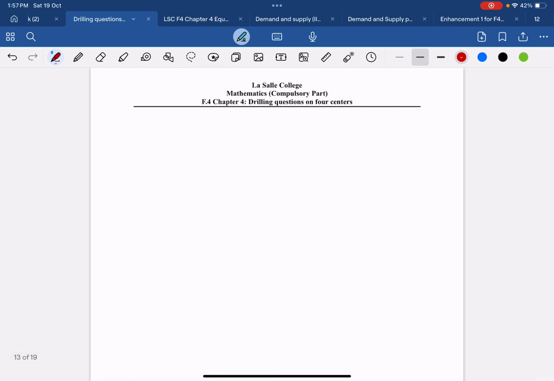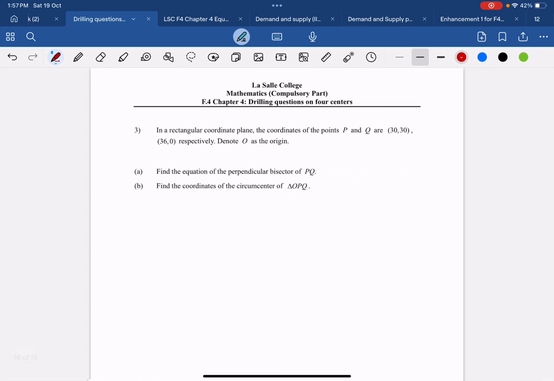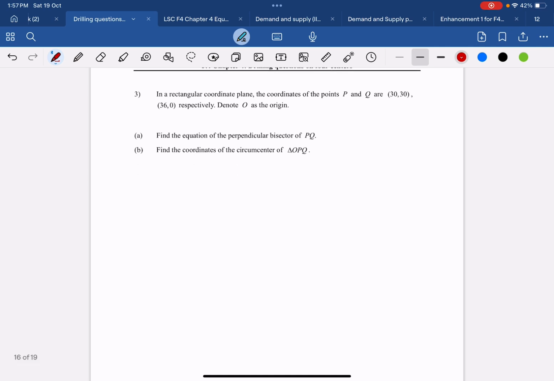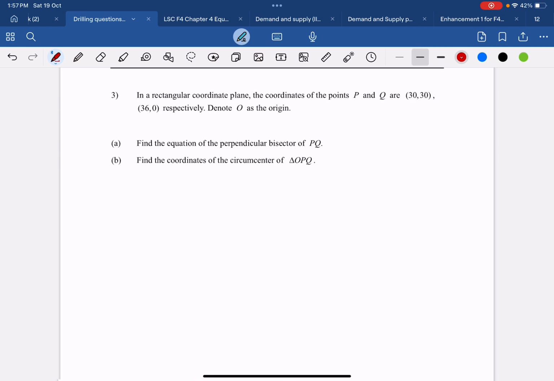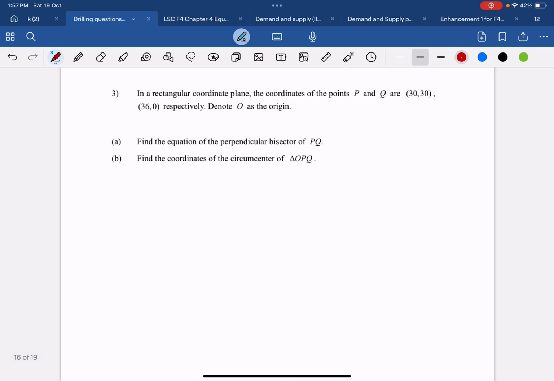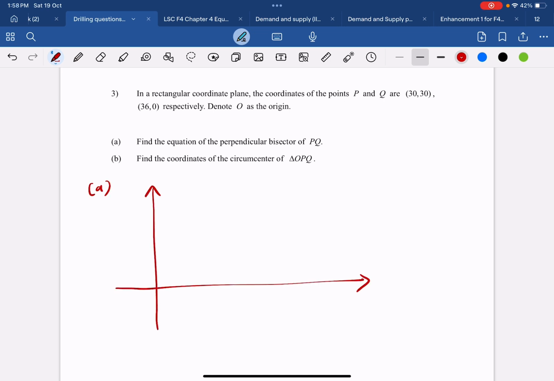Okay, let's try to do it on your own. The question number 3. So pause the video first and then you do it. So let's check the answers. This time, they already directly give you the coordinates of P and Q. Again, draw the diagram first. 30, 30 here. Just approximate is okay. Q is here.